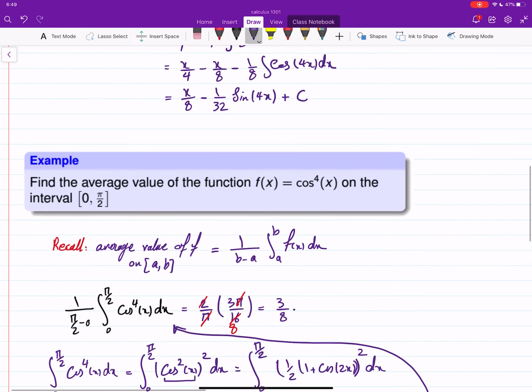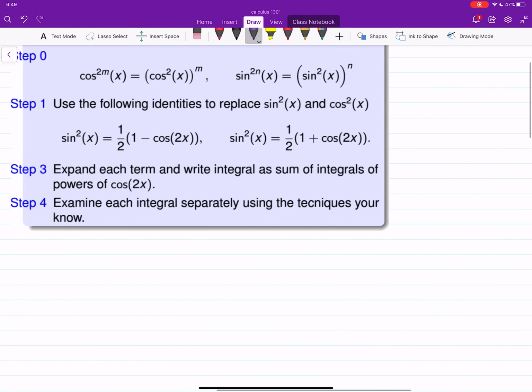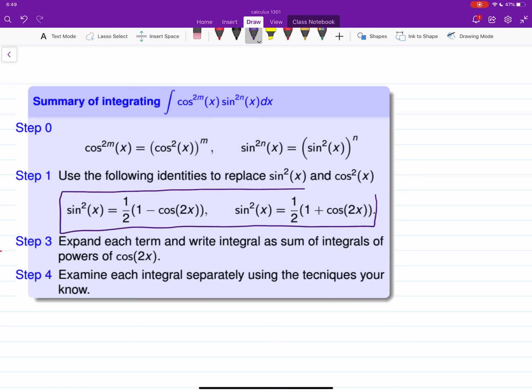Before I finish the video, let me quickly summarize what we had for the even powers of sine and products of sine and cosine. The key point is to use what are called half angle or power reducing formulas, identities.